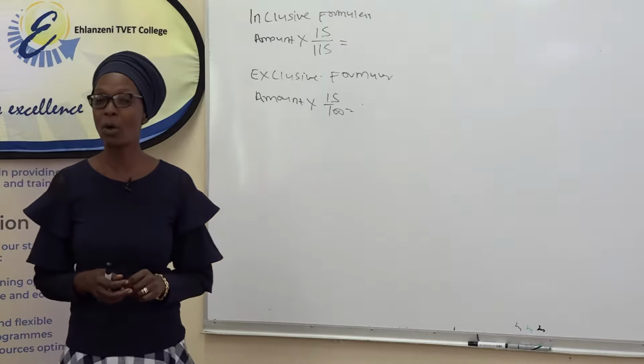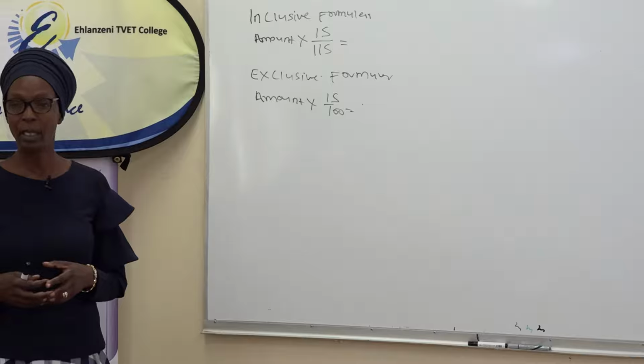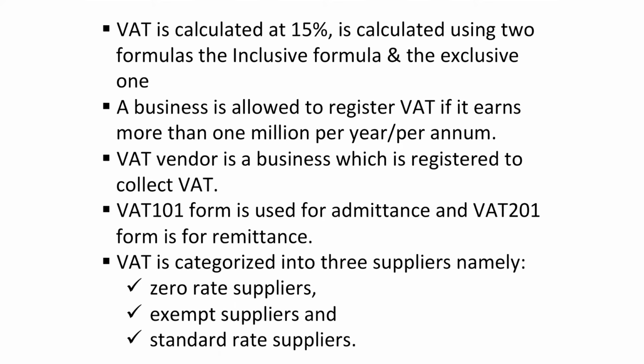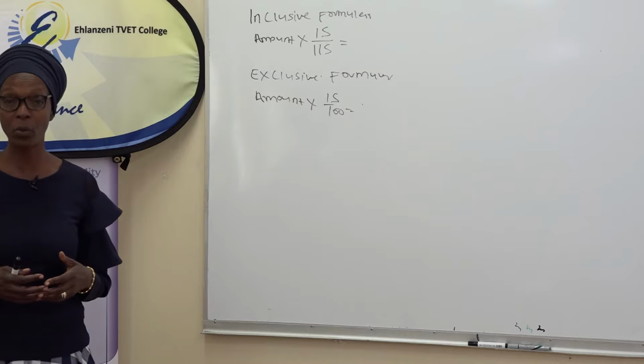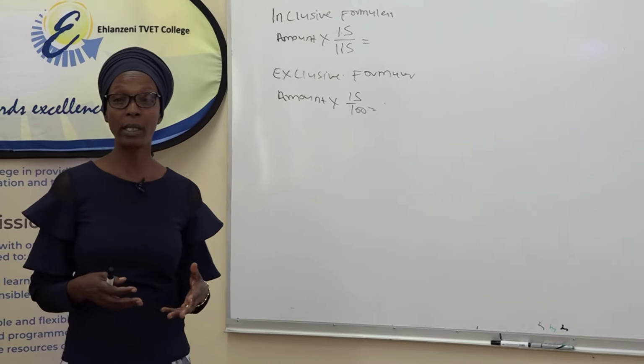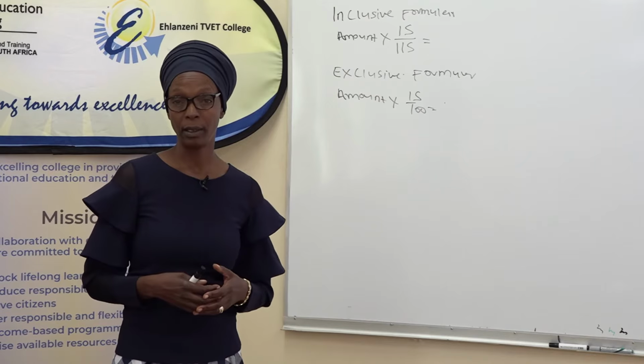Then when a business owner wants to be registered to collect VAT from the customers, he must go to the South African Revenue Service, SARS, and fill in the VAT 101 form. The VAT 101 form is for admittance. After filling in the VAT 101, the business owner can now do VAT returns. It will be up to the organization whether the returns are done monthly, every 2 months, or quarterly.